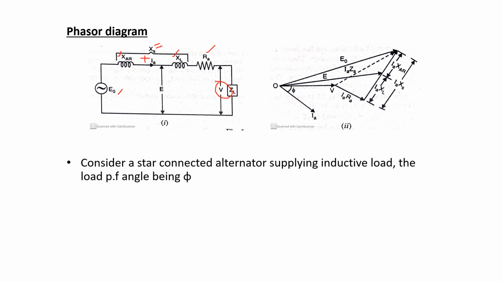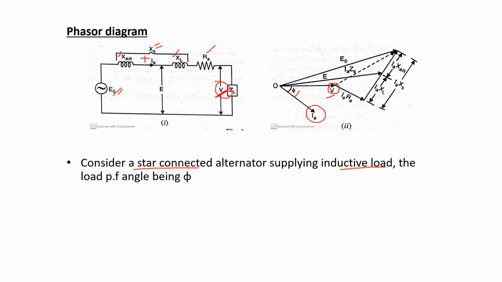Let us consider a star connected alternator supplying an inductive load. When the alternator supplies an inductive load, the current lags the voltage by an angle phi. So here we are taking the terminal voltage as the reference, and we have to add the voltage drops to get E naught.